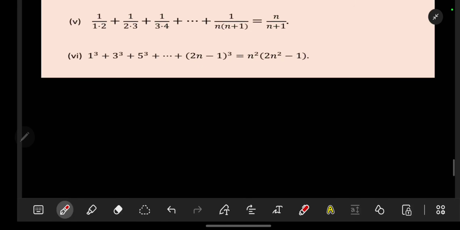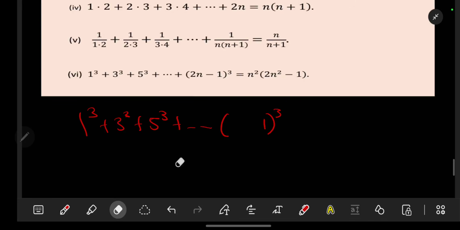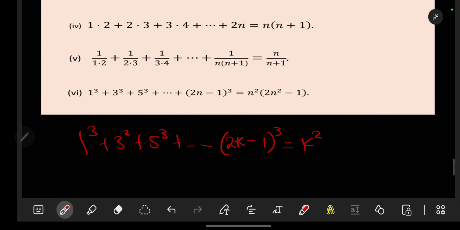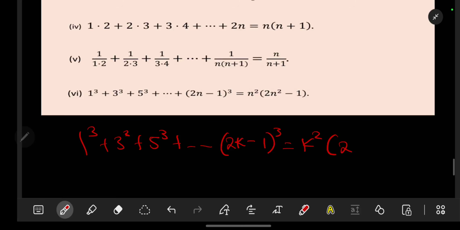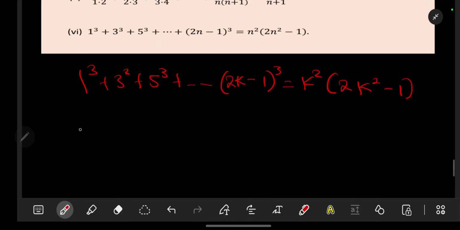That means to say we are going to write our 1 to the power 3 plus our 3 to the power 3 plus our 5 to the power 3 plus dots dots dots. We have 2n minus 1 to the power 3. So where there is n, we put k. So we have 2k minus 1 to the power 3 should be equal to k squared. Then we have our 2k squared minus 1.